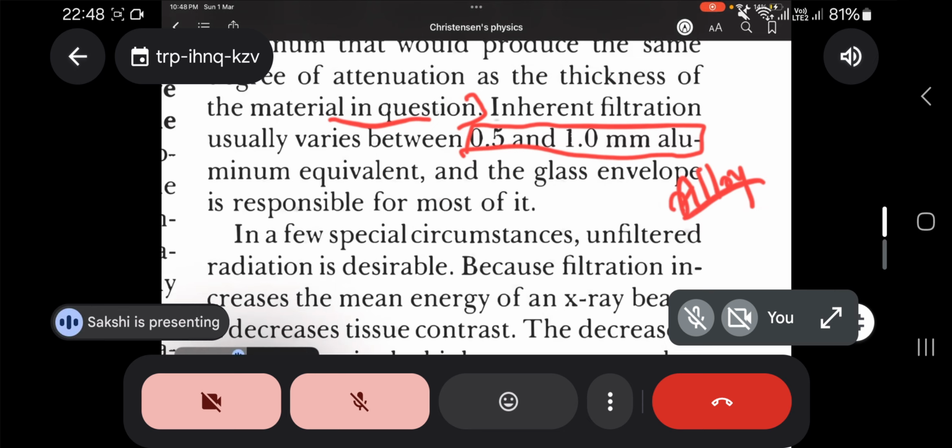The answer key was wrong, ma'am. When I searched, both were correct, because even in the Bushong book or the Christensen book, they say they use a glass envelope, otherwise they use metal ceramic. So both are obviously correct.